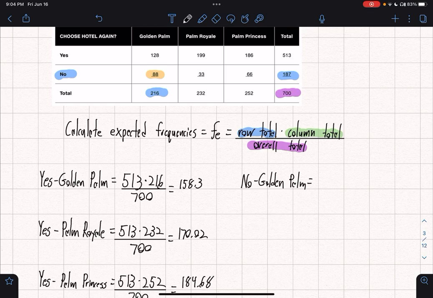So this will now be 187 times 216 divided by 700. And that is 57.7.